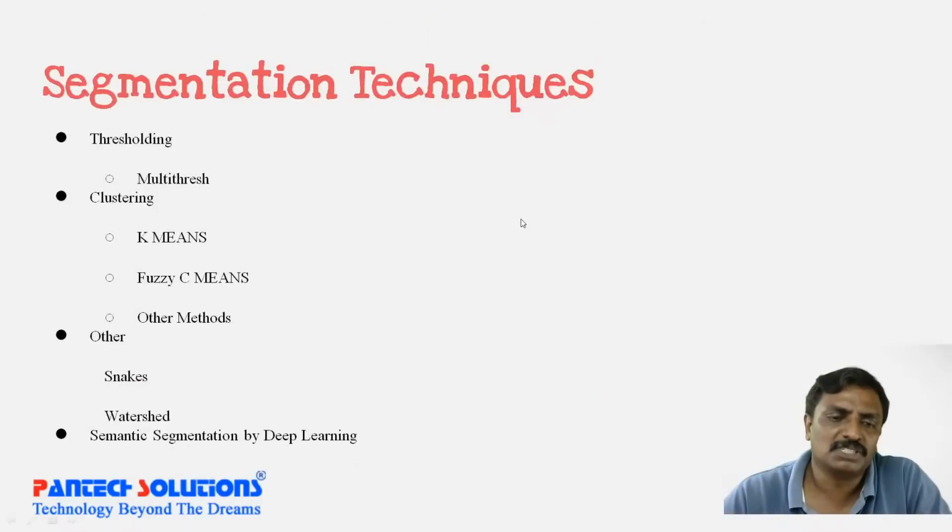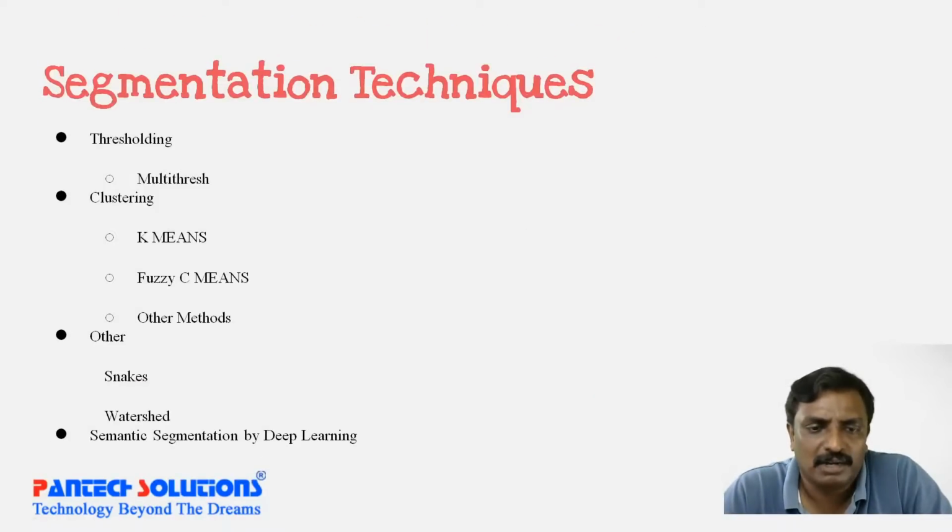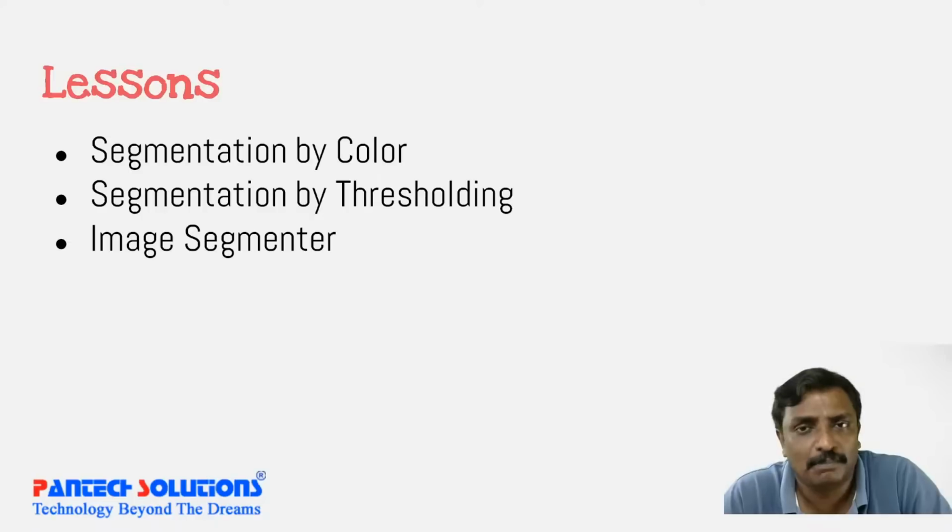Other segmentation techniques: I have mentioned only a few algorithms, but if you take a list, I'm sure there may be more than 200 to 500 types of algorithms on segmentation alone, like segmentation based on thresholding, segmentation based on multi-thresholding. It depends upon the context and the application.